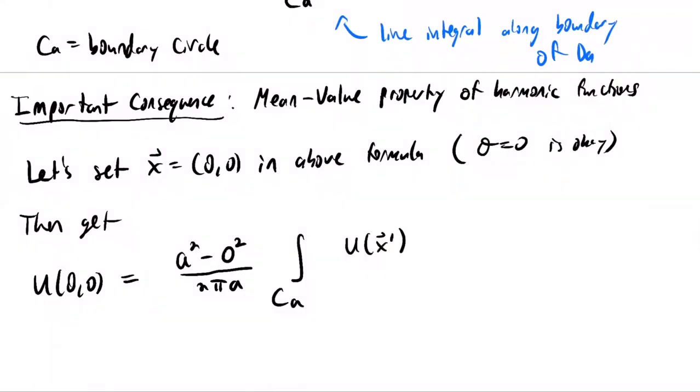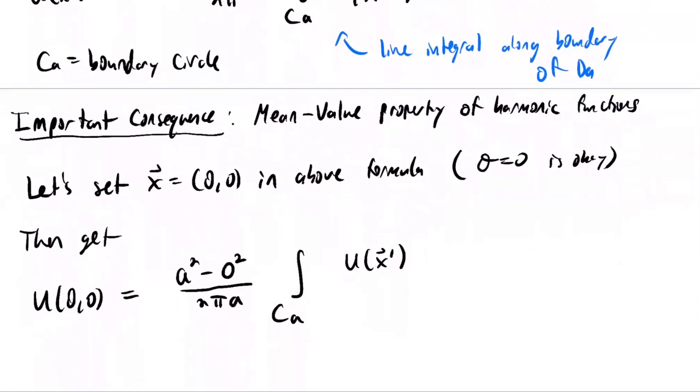Notice we're setting x equals 0, not x prime equals 0, divided by the length of x prime squared. On this circle, the length of x prime is always equal to a. It's just the definition of the circle: the set of all points of length a. So I can replace this quantity by a squared.